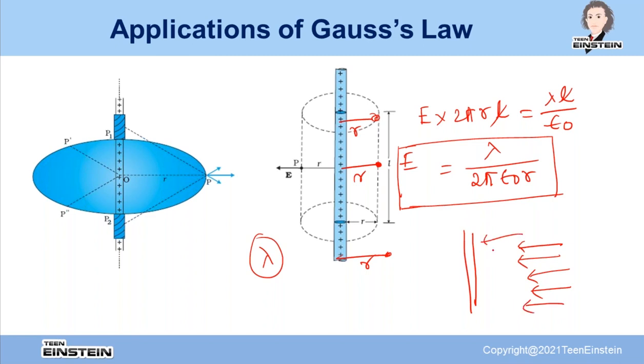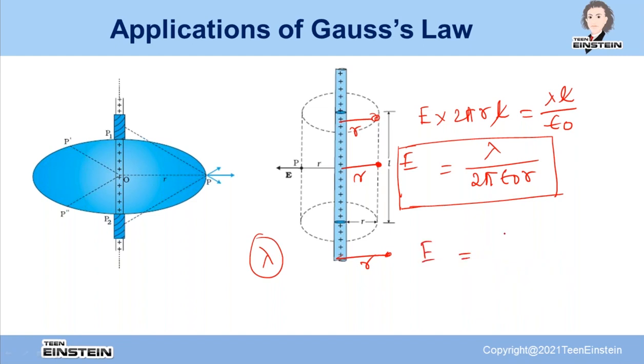So you can have positive or negative lambda. That doesn't matter. It depends on the charge density, whether it is positive or negative charge density. According to that, you have to give the direction, inward or outward. So in vectorial form, the electric field in this case, positive, I'll be writing lambda by 2 pi epsilon naught r into r cap.